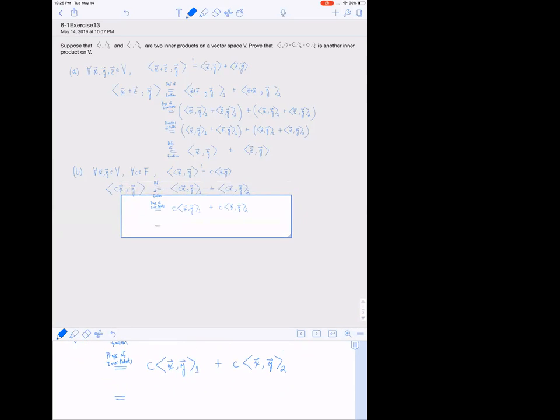So using properties of numbers or fields, I can factor out a c from both of these numbers, both of these field elements.